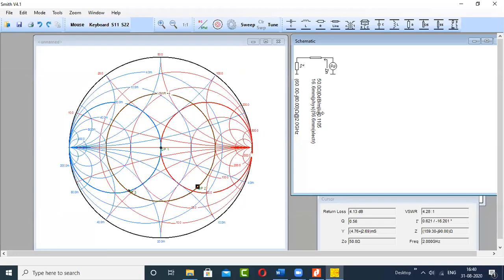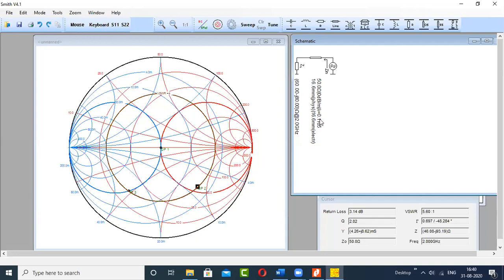Here you can see lambda is written. So lambda equals 0.11. It means this transmission line, or D, the distance from the load to the point where you are going to add the stub, is 0.11 lambda. You have to cross check your answer. So the first answer is verified.